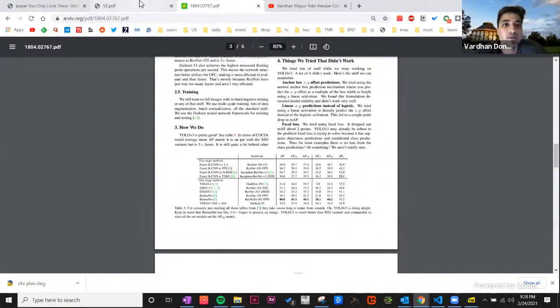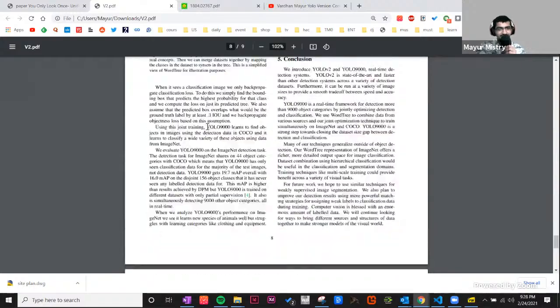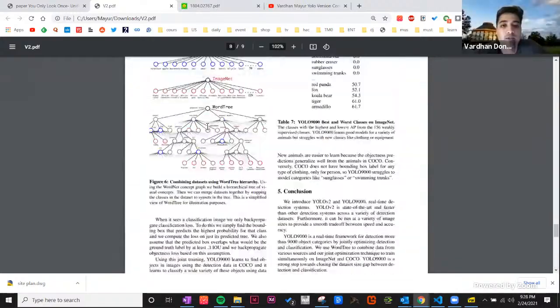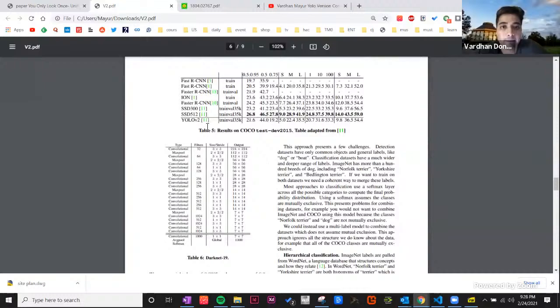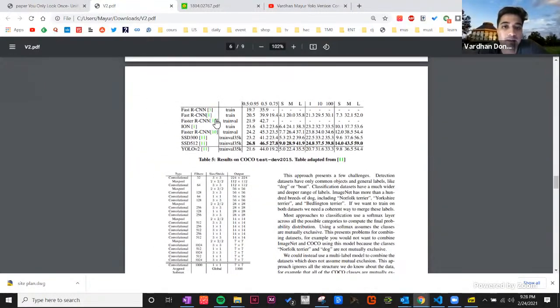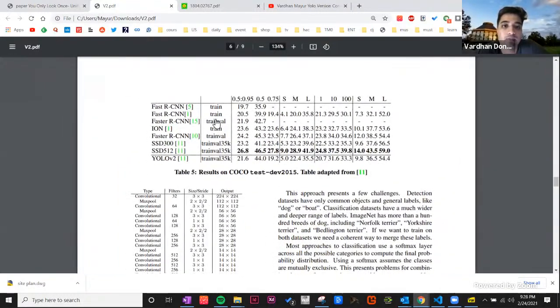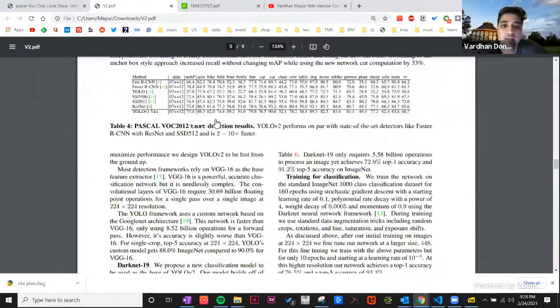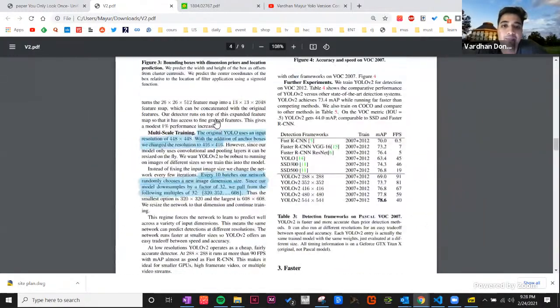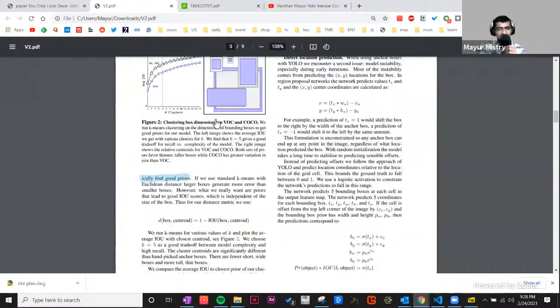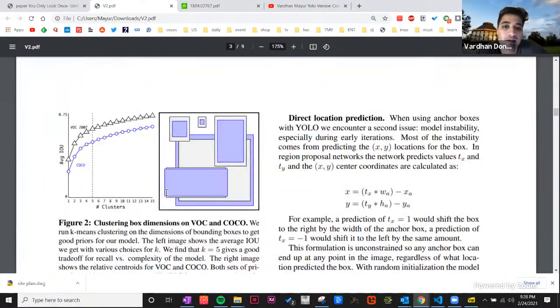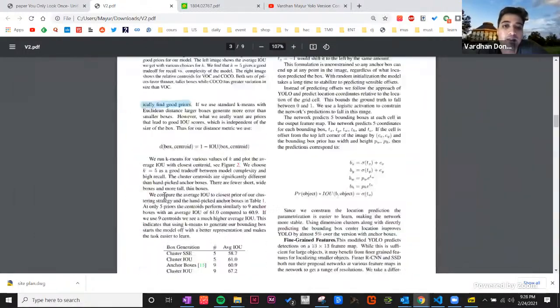I'm saying V2. Up where there are accuracy comparisons in a graph. Yeah, this one, Figure 4.